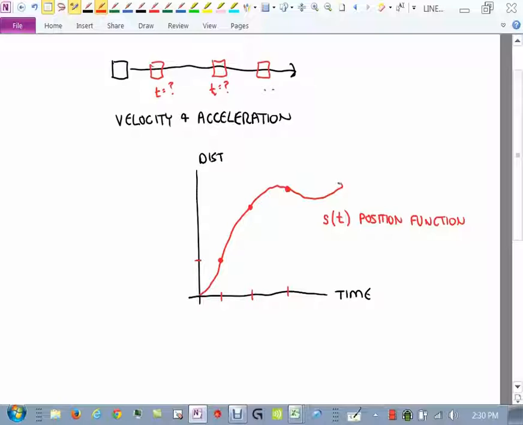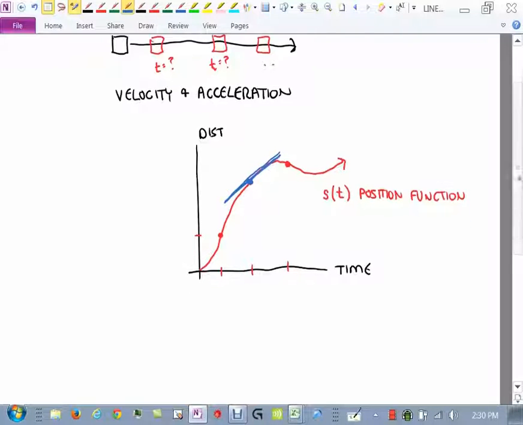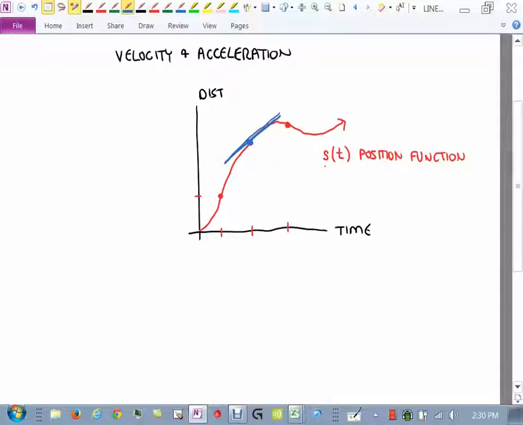Then if we look at the slope of the tangent line at some point, that slope of the tangent line will give us our instantaneous velocity. It'll give us the velocity of that object at that point in time. So what we would need to find the slope of that tangent line is the derivative of this at that point in time.